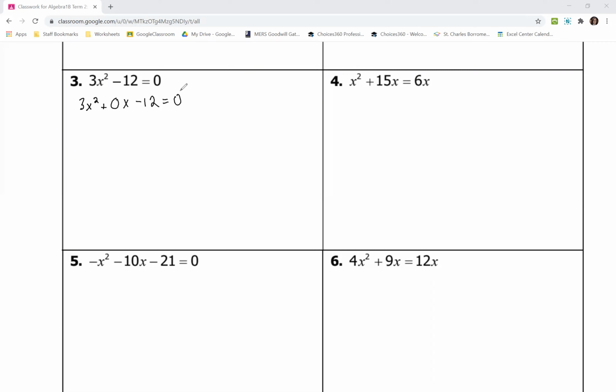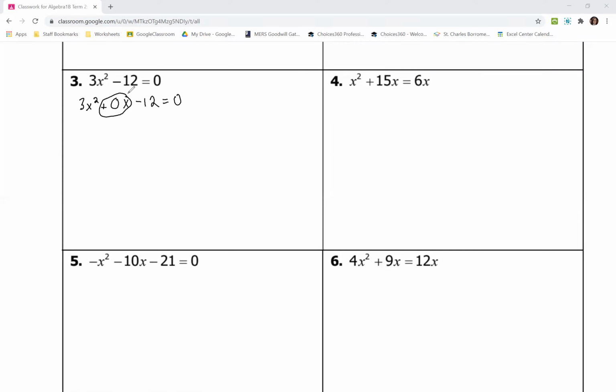Does that change my problem at all? Did that change the value? All I did was add 0x. Well, what's 0 times any number? It's just 0. So all I did to rewrite this problem was add 0, and adding 0 doesn't change anything.